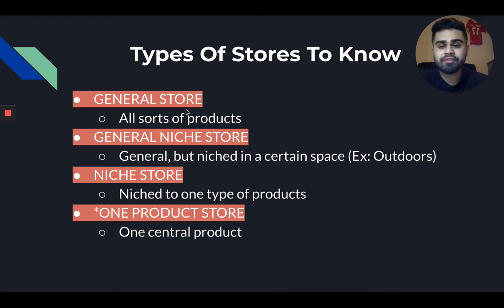So guys, these are the 4 types of stores within the e-commerce or dropshipping business model that you guys can have. Now, with any of these stores, you don't only have to dropship. You can have in-house inventory. Usually with in-house inventory, people are doing niche stores or one product stores because they're manufacturing their products themselves, okay? Or you can have print on demand.